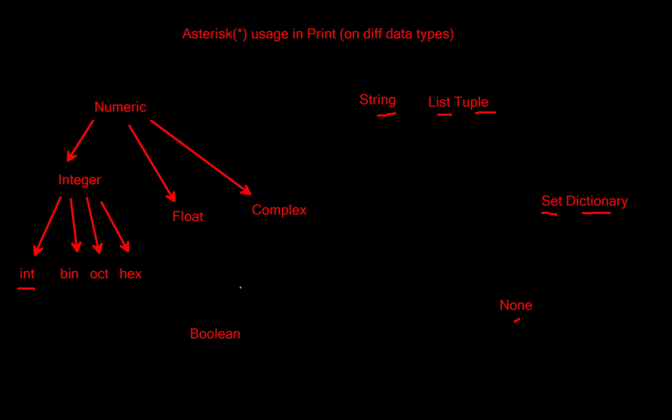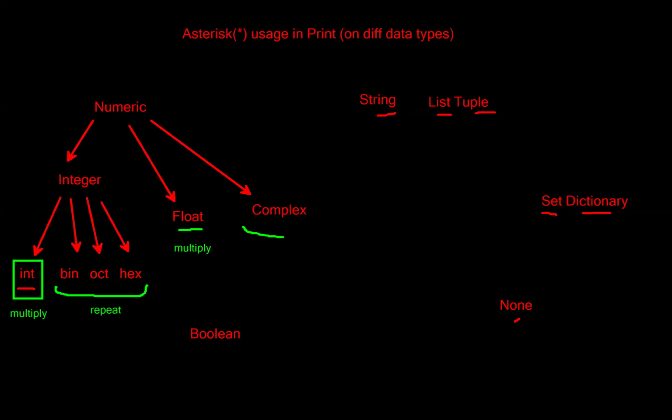Now let's see what happens. In int, basically it will multiply because it's a normal multiplication operation. In bin, oct, hex it will repeat the number. In float it will multiply.